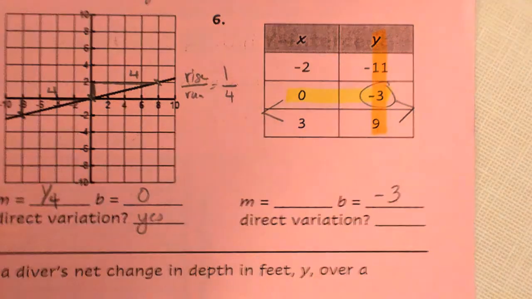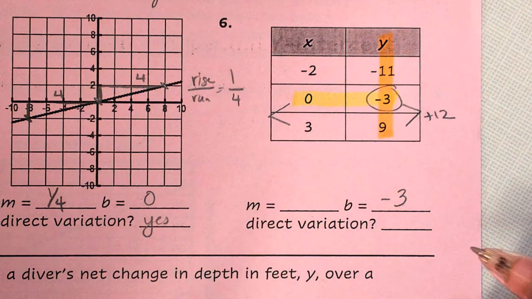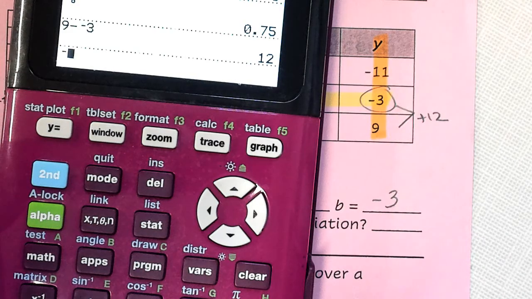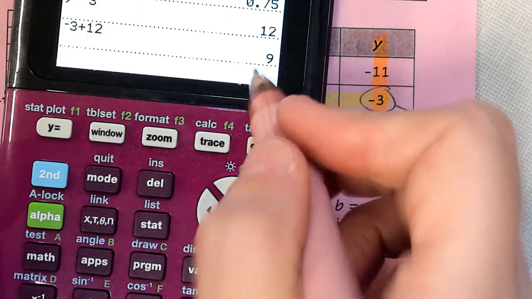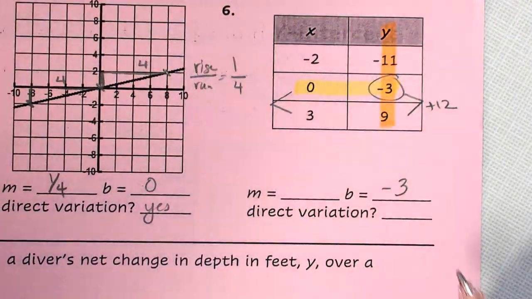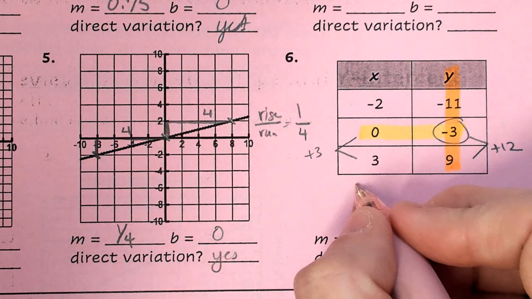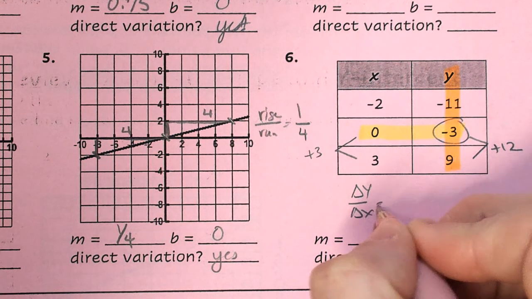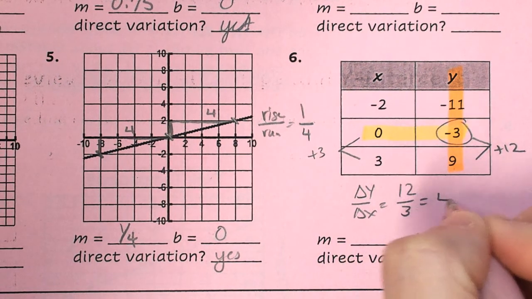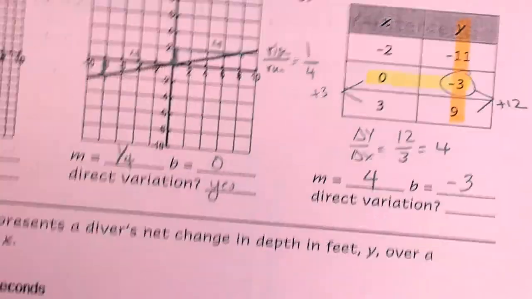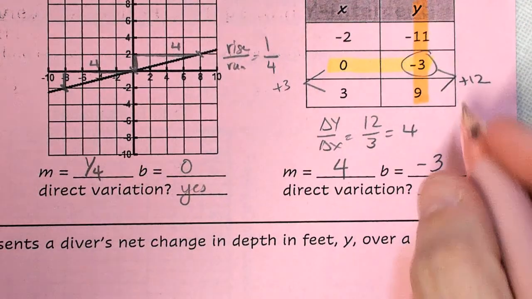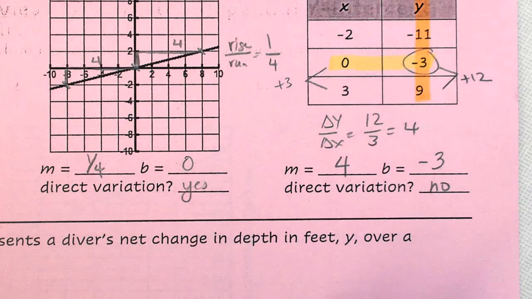And it tells me I added 12. And I can check that. -3 plus 12 is 9. So I can check and see that it works. 0 plus 3 is 3. So when I put my change in y over change in x, I get 12 over 3, which I'll just tell you now, reduces to 4. Okay? This does not go through 0, 0, so this is not direct variation.